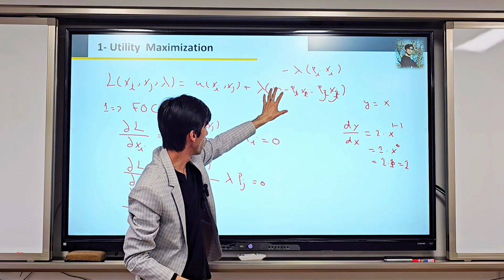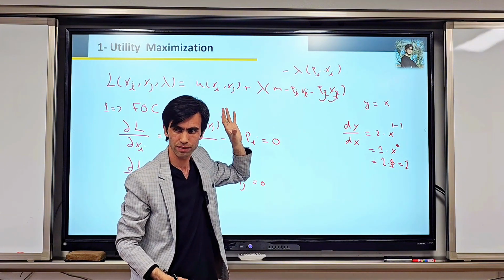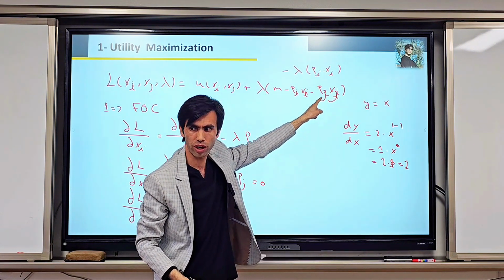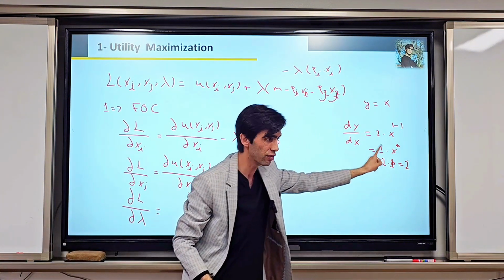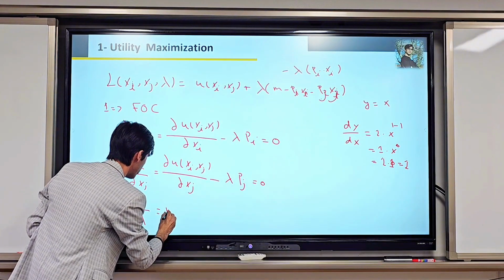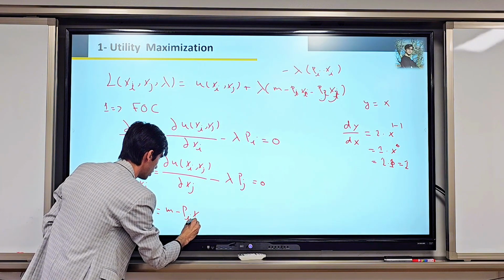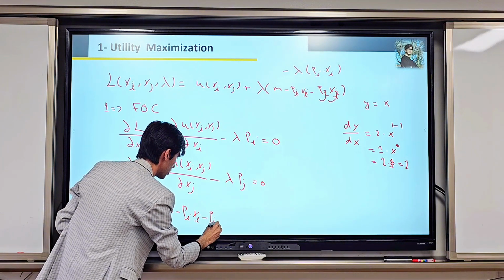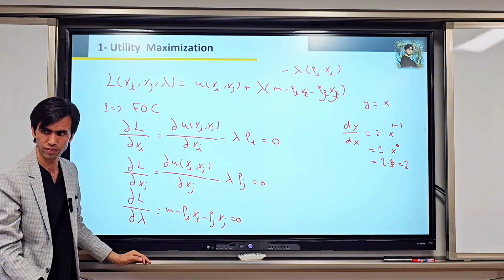Because the Lagrangian multiplier has the power of 1, it becomes 1. Then what will remain here is m minus pi xi minus pj xj equal to 0.